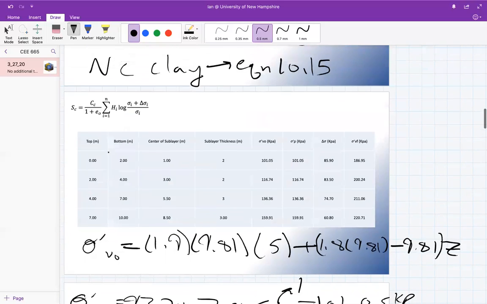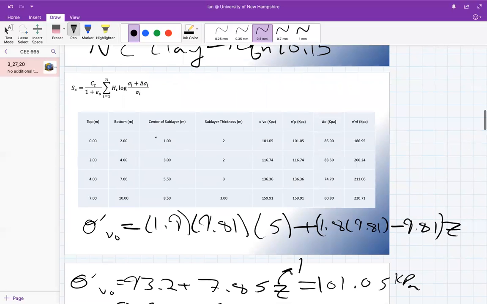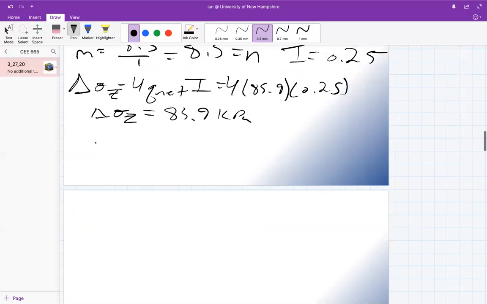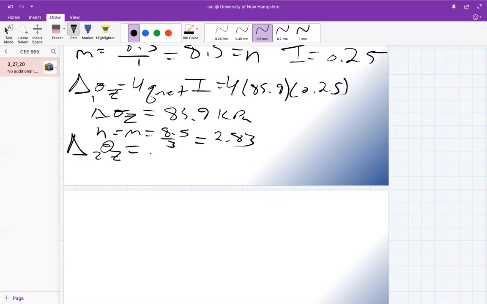And we have our sublayers up here lined out, so I'm going to run through those equations real quick. I'm going to denote this as 1. For delta sigma 2, we know the M, which also equals N, is 8.5 over 3, which equals 2.83. So now the equation is going to be 4 times 85.9.